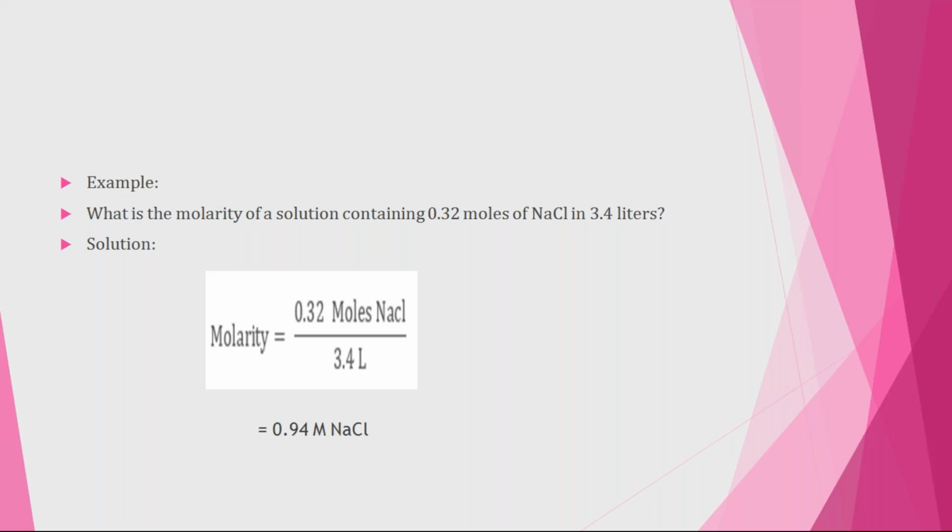So how did you get this? 15 grams of potassium hydroxide in 225 ml of solution. So write down 15 grams of KOH divided by 225 ml of solution. This whole thing into 1 mole potassium hydroxide divided by 56 grams of potassium hydroxide. 1 mole of KOH is nothing but 56 grams of KOH.